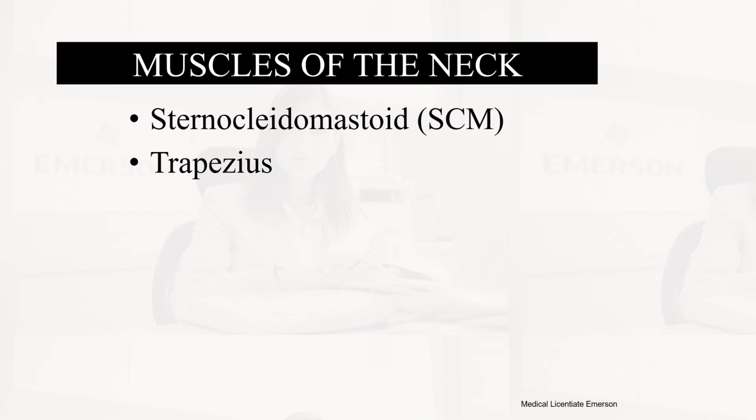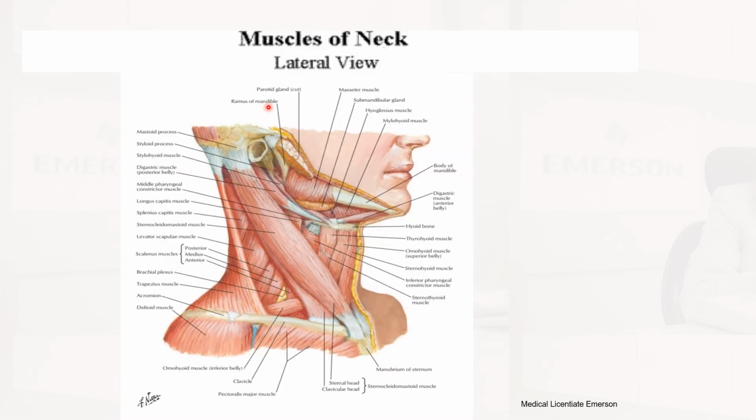We go to muscles of the neck. Muscles of the neck, you have the sternocleidomastoid muscle and you have the trapezius muscle. This is a lateral view. We talked about the sternocleidomastoid muscle. This is the sternocleidomastoid muscle.